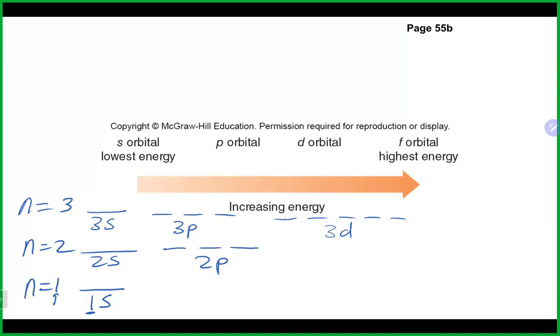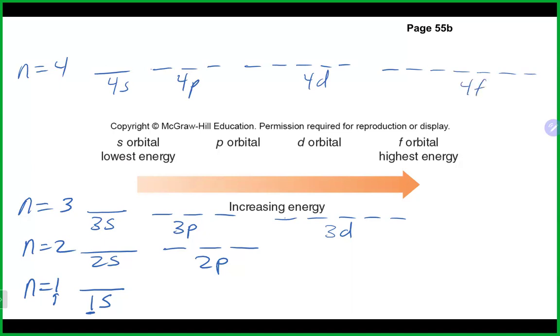And when we get to the fourth energy level, which I'll go higher, just not to write in the middle of that writing there, we still have s orbitals. So we have a 4s orbital. We also still have p orbitals, which is the 4p orbital. We also still have d orbitals, which is a 4d orbital. And it's on the fourth energy level where we first start to see our friends, the f orbitals, appear.